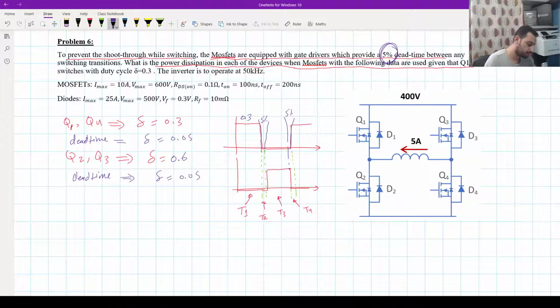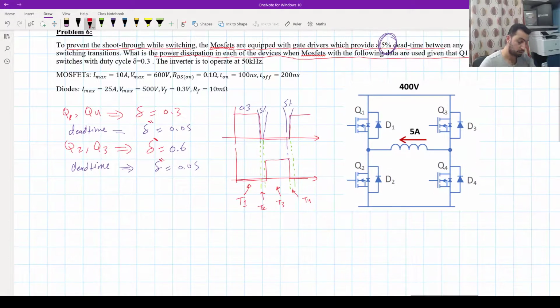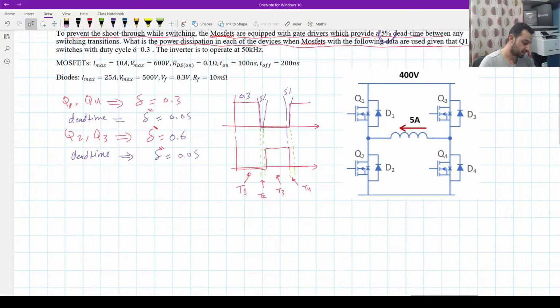I call all of them delta, but I should give delta and delta prime for Q2 and Q3, and delta double prime, for example, just to differentiate them from each other. So we know the dead time and the Q1, Q4, Q2, and Q3 durations, but we don't know which switch will be conducting during the first 0.3, the second 0.05, the third 0.6, and the fourth 0.05 periods. And this will be investigated now.